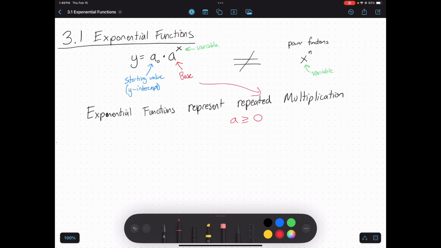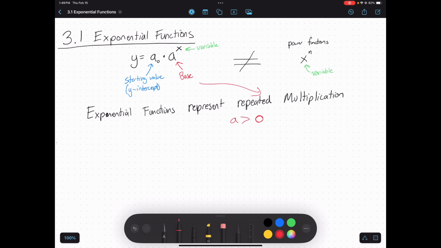Okay? But I'm actually going to go one step beyond this. What would be true if your a was 0? Then I would be multiplying by 0 over and over again, which, what does that give me? It just gives me 0. It's just the constant function of 0, which is not special at all. I have simpler ways to write that. So for that reason, we're actually going to say that a has to be strictly greater than 0.